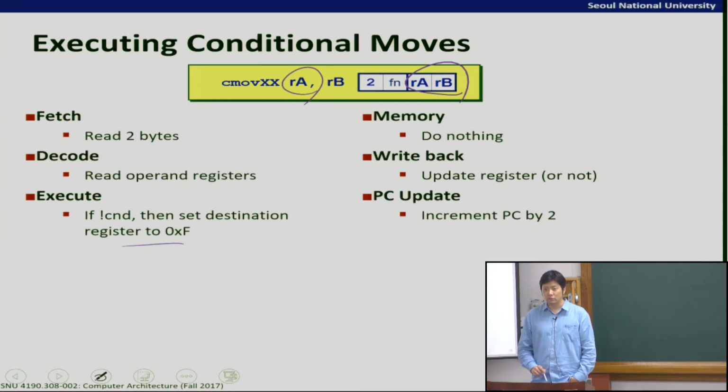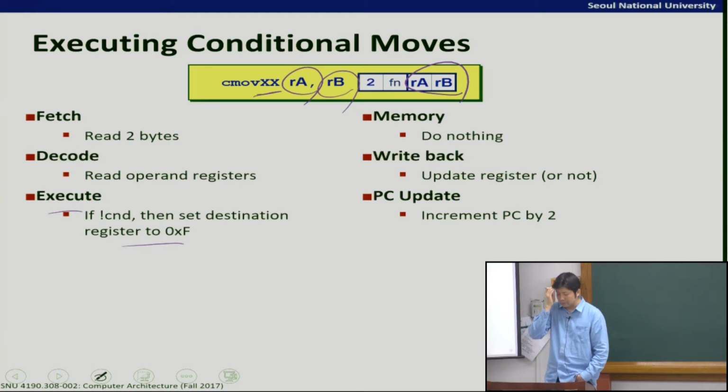Okay? So originally, the destination register is RB, right? But in the execute stage, what happens is you check the condition code. And if this condition code matches the condition XX here, if it's true, then you simply write to the original destination register. But if they do not match, let's say you put an EQ here, C move EQ, that means this move will happen only when this equality holds, right?